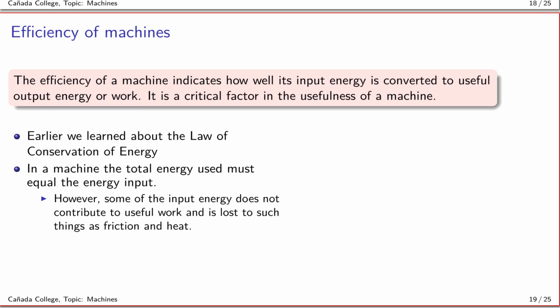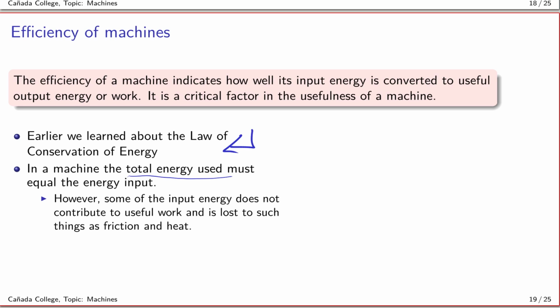Right? Now remember, in our discussion about energy, we briefly mentioned the law of conservation of energy. And what the law said is that the total energy that goes into a system must be equal to the energy used by that system.